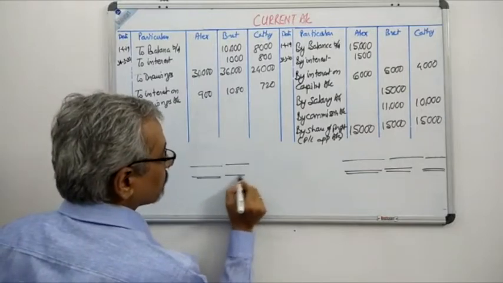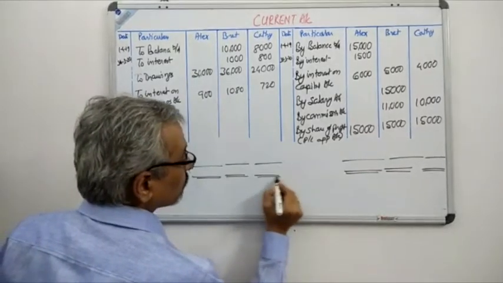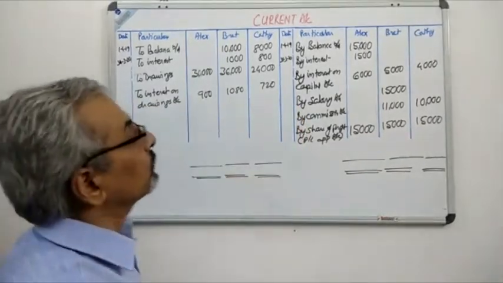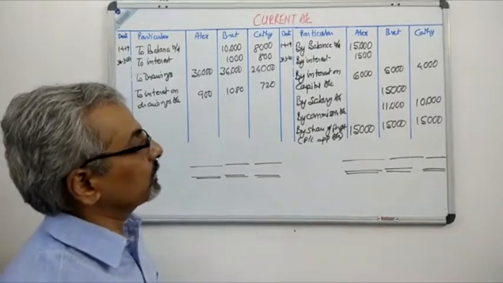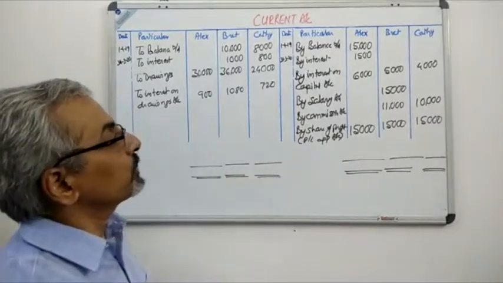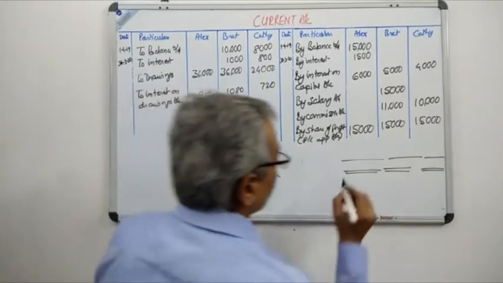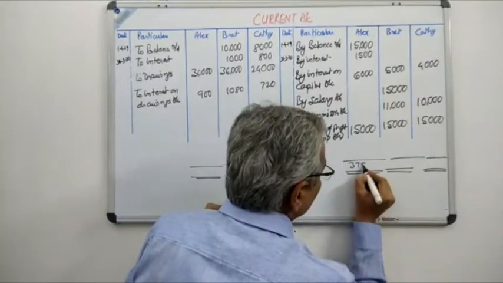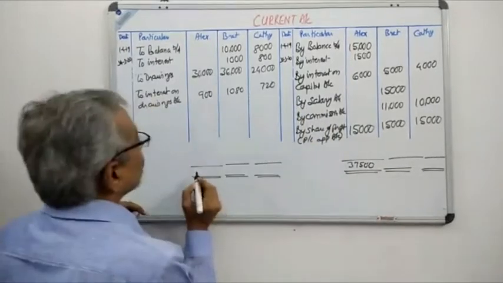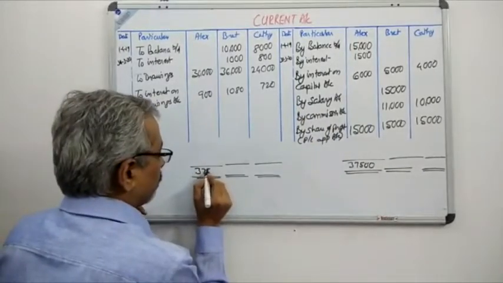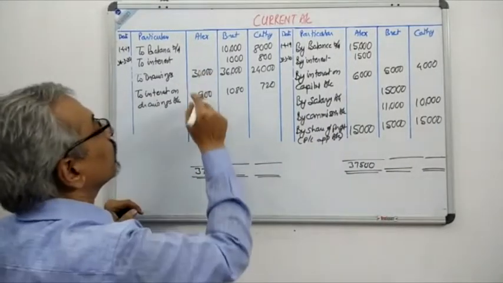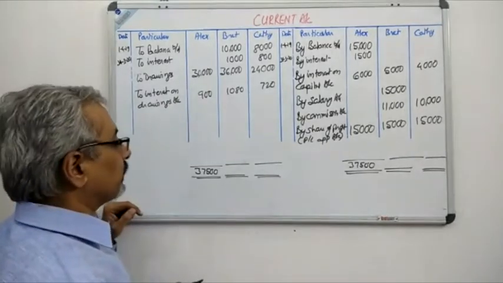Now, we see over here 15,000 plus 15,000 is 30,000, 30,000 plus 6,000 is 36,000, and we have 37,500. So the total is 37,500. Here also we have 37,500, and you can see very carefully we have a total of 30,900 over here.